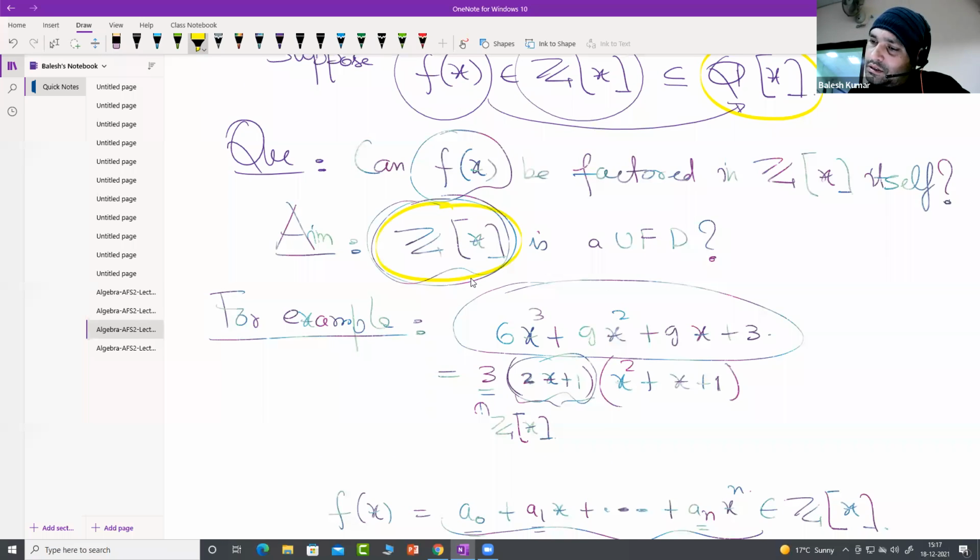For example, take the polynomial 6x cubed plus 9x squared plus 9x plus 3. If you write it in terms of factors, you can see that 3 occurs as a factor lying inside Z of x, and 2x plus 1 and x squared plus x plus 1 are the other factors. All these factors are irreducible inside Z of x.